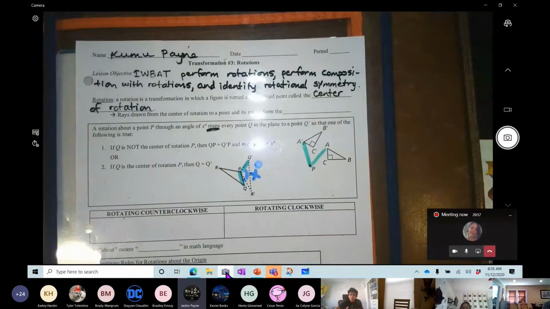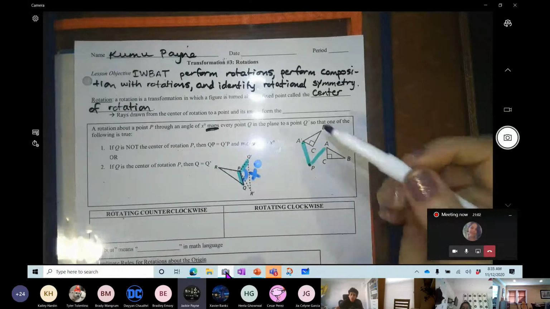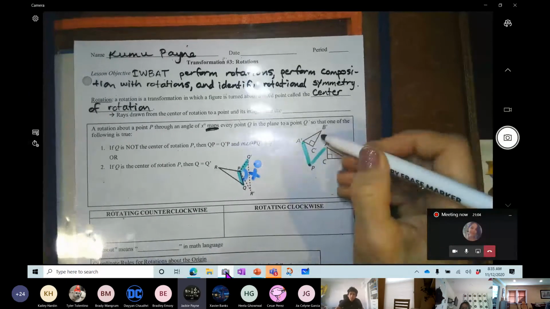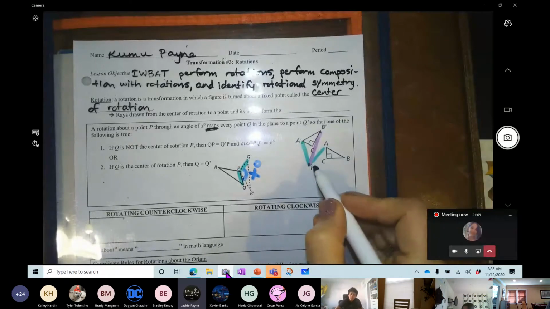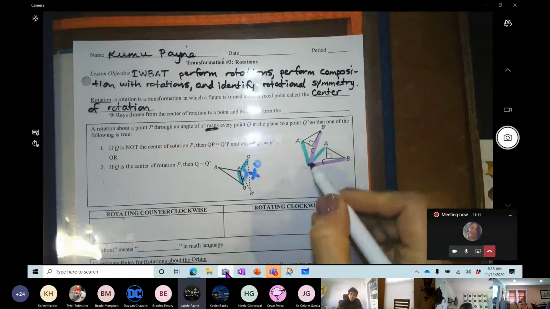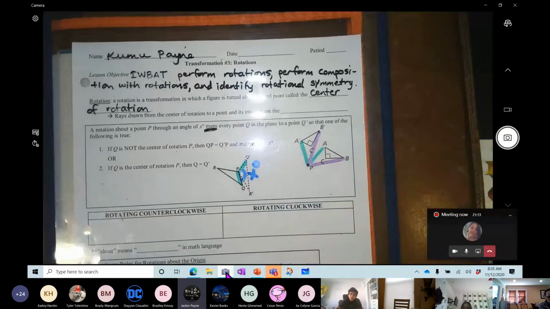And while I'm at it, you could do this with any of them. So PB is the same length as PB prime. I hope you can see the color there. And of course, PC would be the same as PC prime. And then the X here would be the angle between those lines, and the X is the same for each.